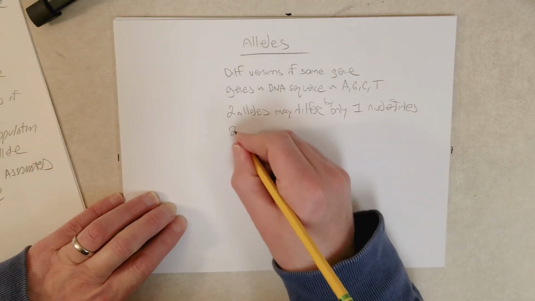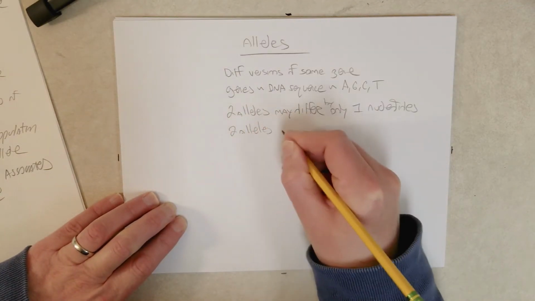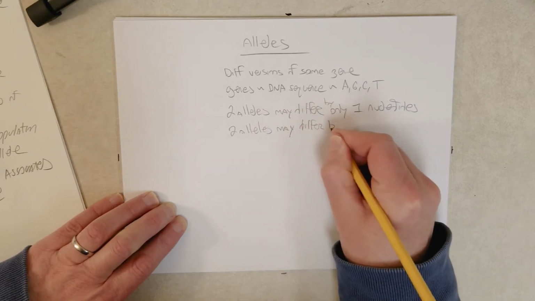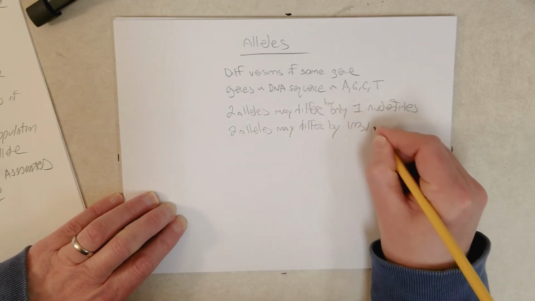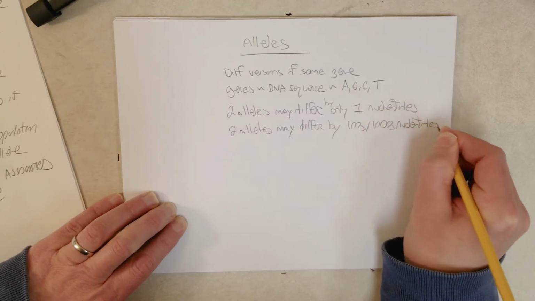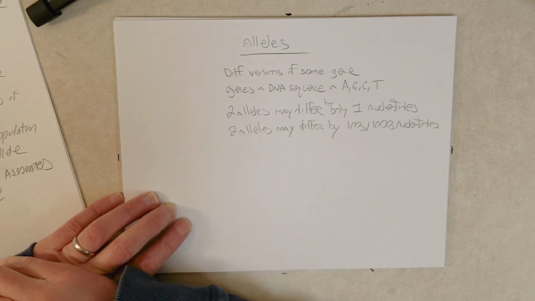Or two alleles may differ by hundreds, thousands of nucleotides. The longest gene in humans is about 1 million bases long, and that's the dystrophin gene.